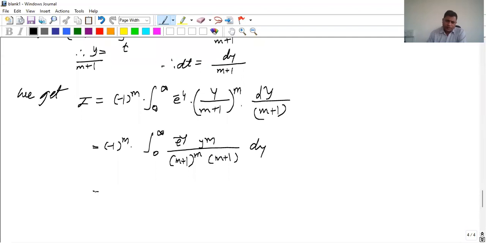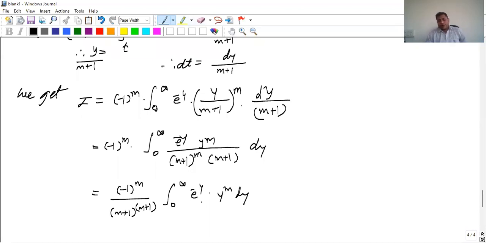So if we simplify, we have (-1)^m upon (m+1)^(m+1), and this is 0 to infinity e^(-y) y^m dy. So can you guess what this integral is going to be? Sir, gamma of m plus 1. Correct. So this will be gamma of m+1, and here we have upon (m+1)^(m+1).